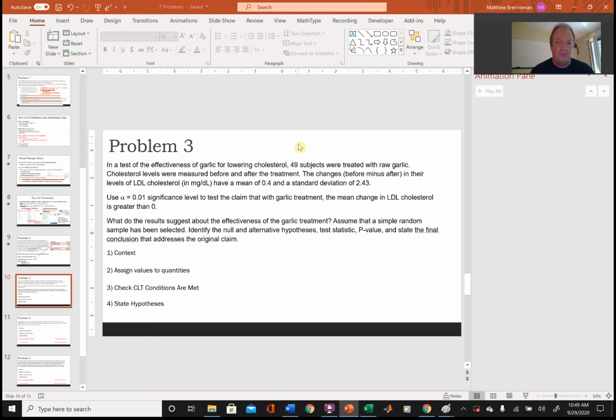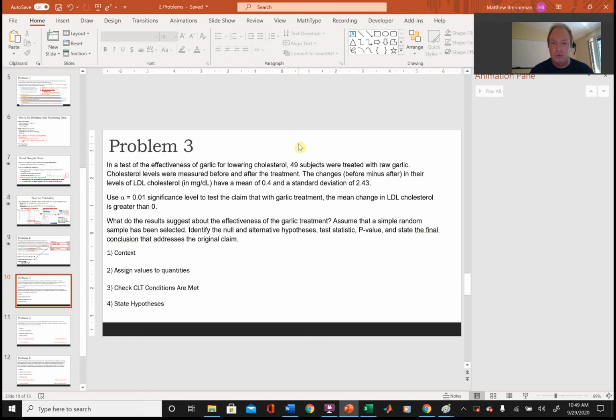The changes, before minus after, in their levels of LDL cholesterol have a mean of 0.4 and a standard deviation of 2.43. We want to use a significance level of 1% to test the claim that with garlic treatment, the mean change in LDL cholesterol is greater than 0.